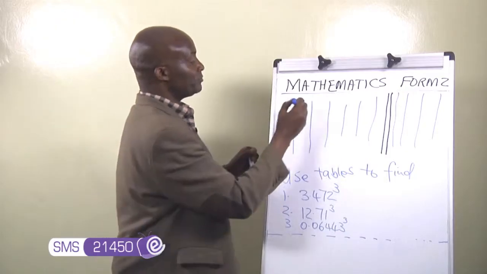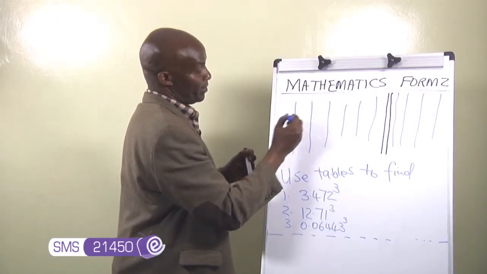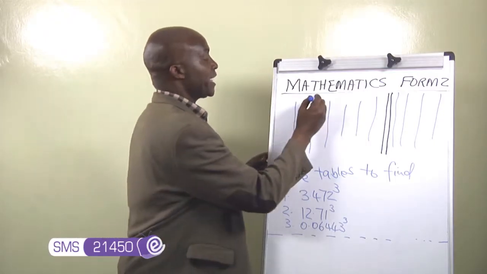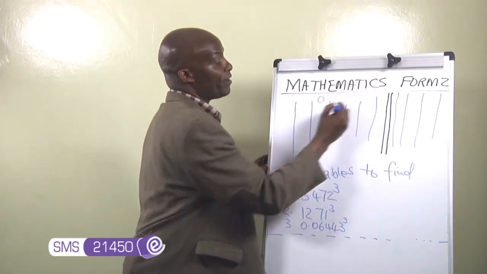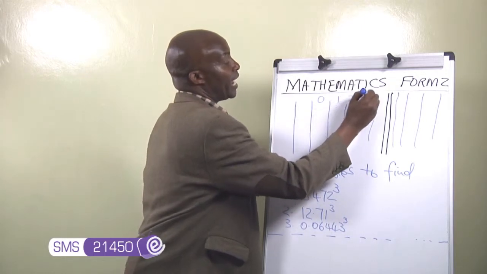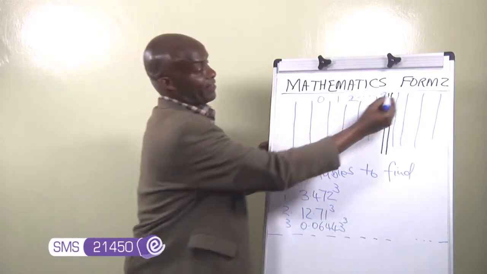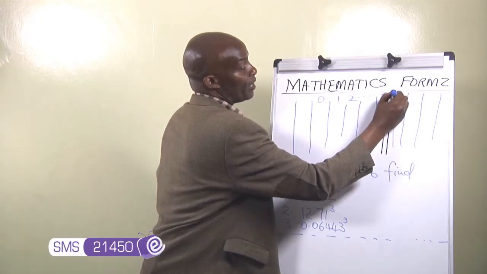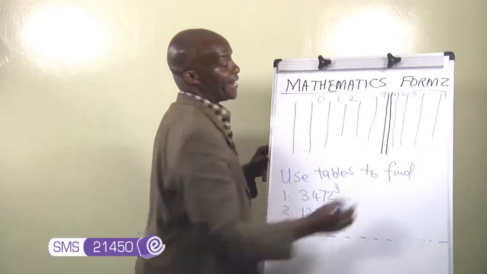This is the first column. Then after the first column, we have column 0. I call them major columns, column 1, 2, all the way up to column 9. And then on the other side, we have the minor columns, starting from column 1, 2, 3, all the way to column 9.